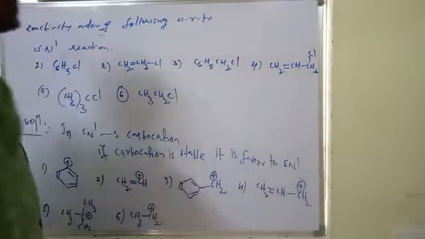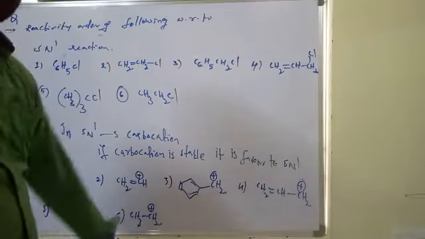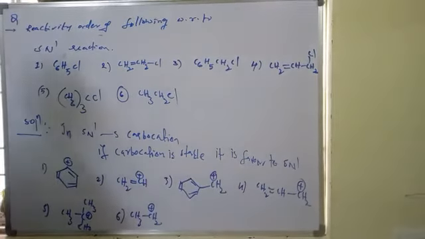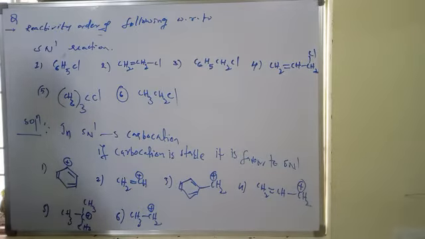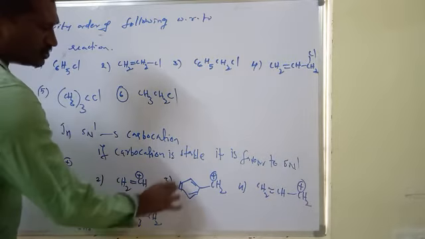Among these, find out which is the more stable carbocation. If you see, 3 is the most stable.